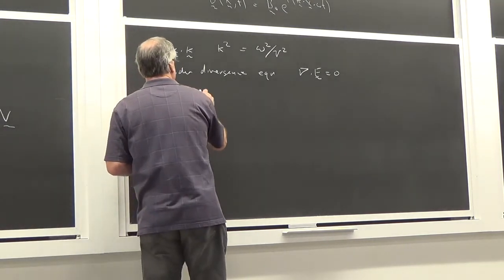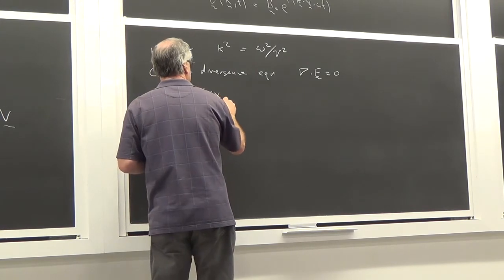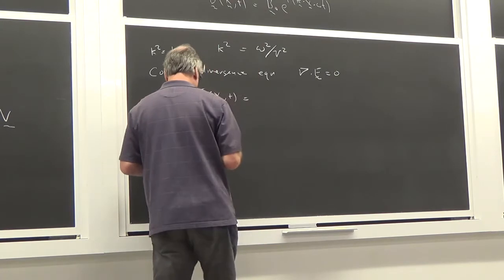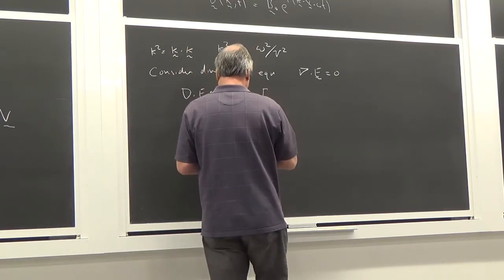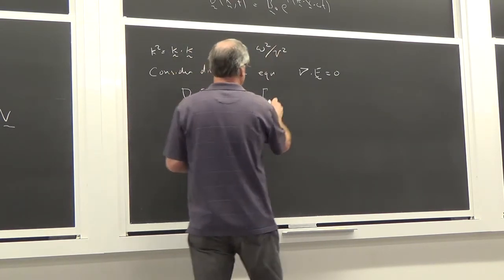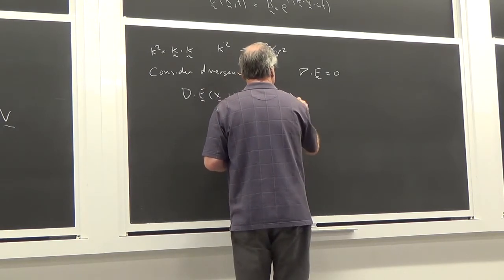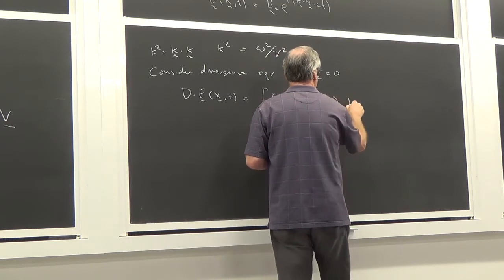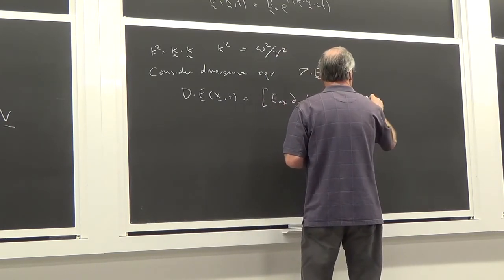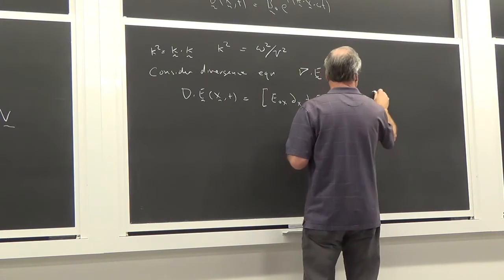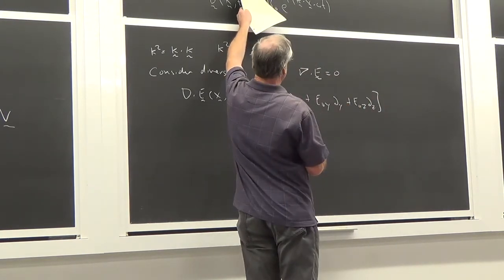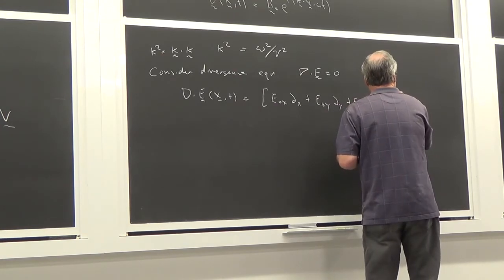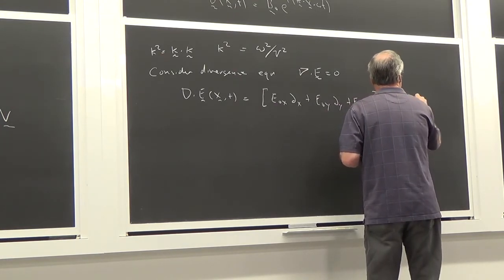So del dot E of x and t, I just plug in this field, is equal to, well, I take the dot product as E naught x d by dx plus E naught y d by dy plus E naught z d by dz. So I've done the dot product with this vector out front, and it's going to operate on e to the i (k dot x minus omega t).